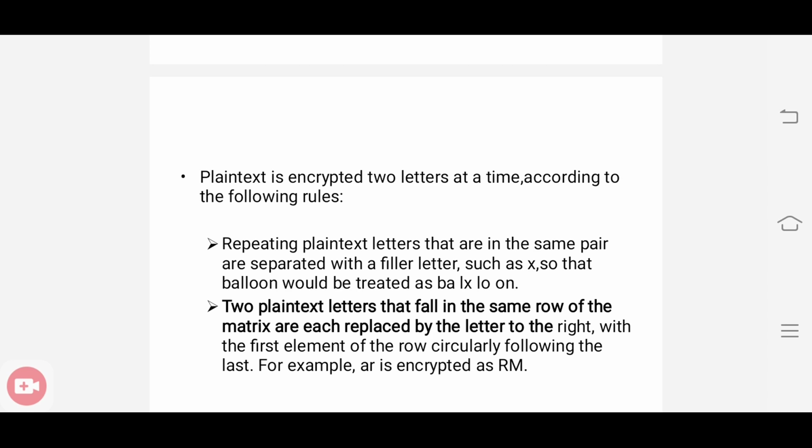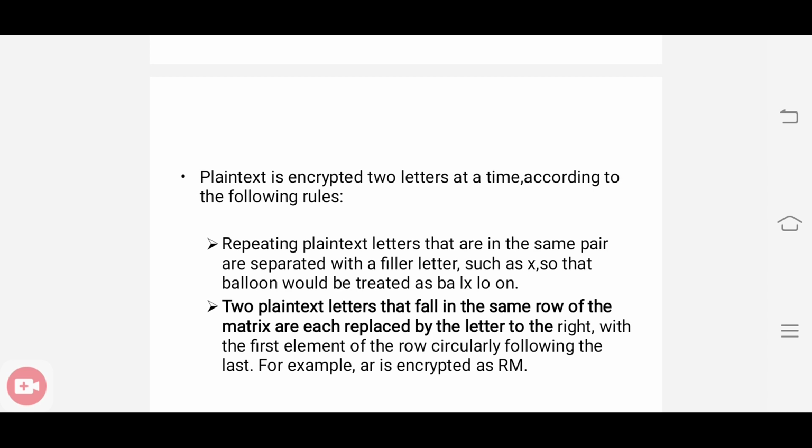The remaining letters are L, L, O, O, N. So L, L is repeating, so we use a filler letter between L and L. The filler letter is X. So we use LX and LO. Then the remaining letters are ON. Repeating plain text letters that are in the same pair are separated with the filler letter.